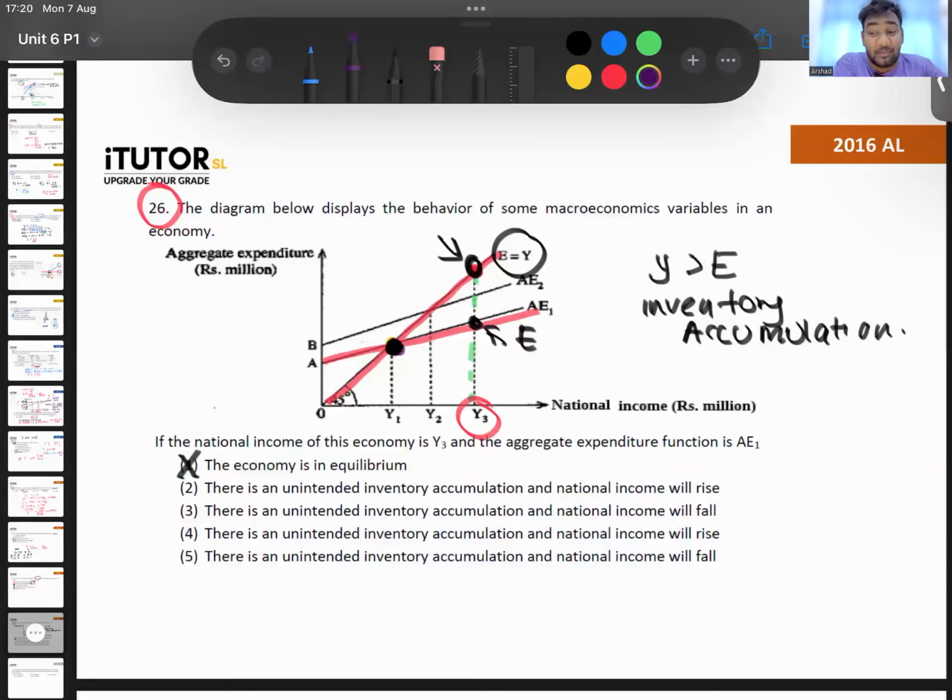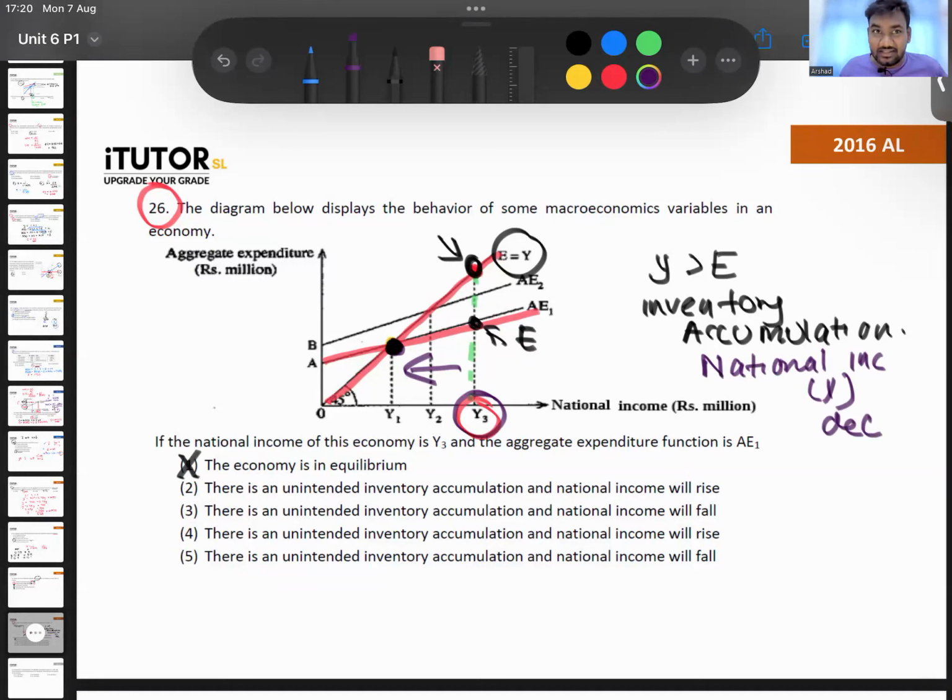In other words, what should happen to national income? Your Y should come down, right? You're currently at Y3, so you should come this way. So there is an inventory accumulation and your national income, in other words your Y, should decrease.